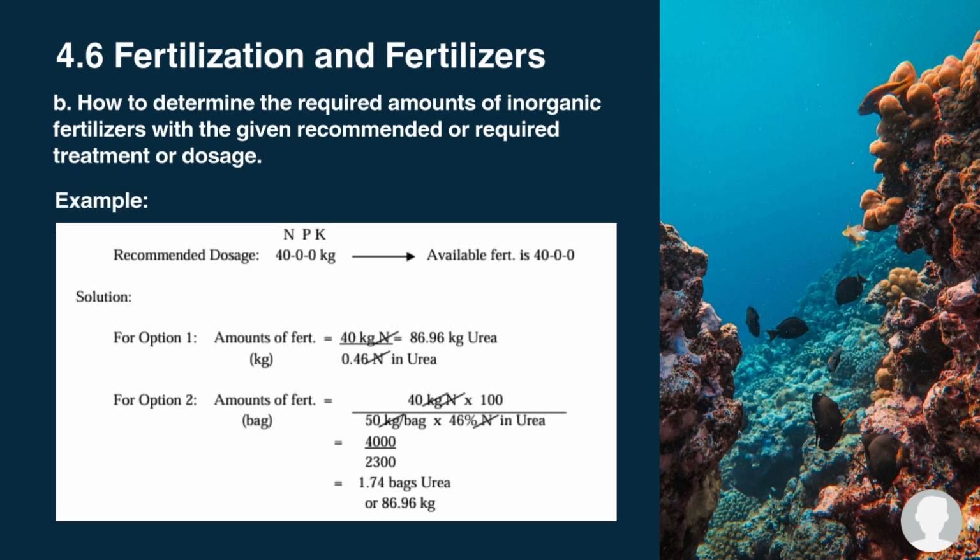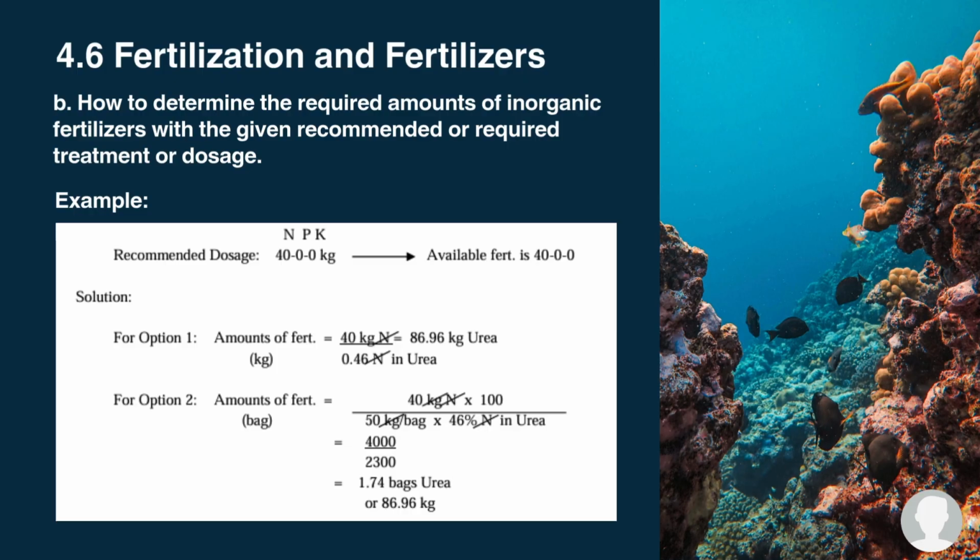To further understand, in the first example we have the recommended dosage of nitrogen, 40 kilogram, phosphorus, 0 kilogram, and potassium, 0 kilogram. To solve, for the option 1 formula, the amount of fertilizer in kilogram: 40 kilogram nitrogen divided by 0.46 nitrogen in urea is equal to 86.96 kilogram urea.